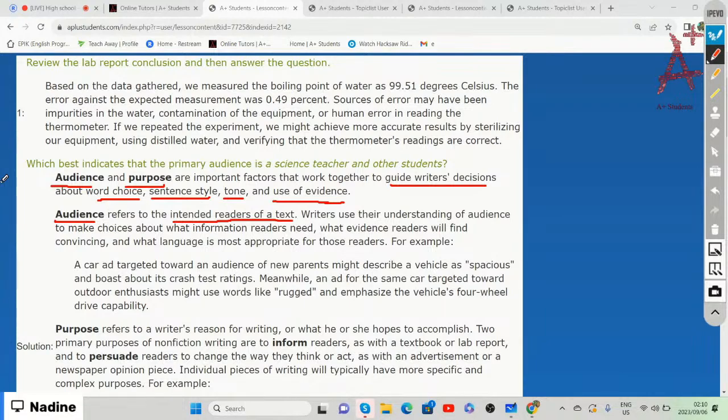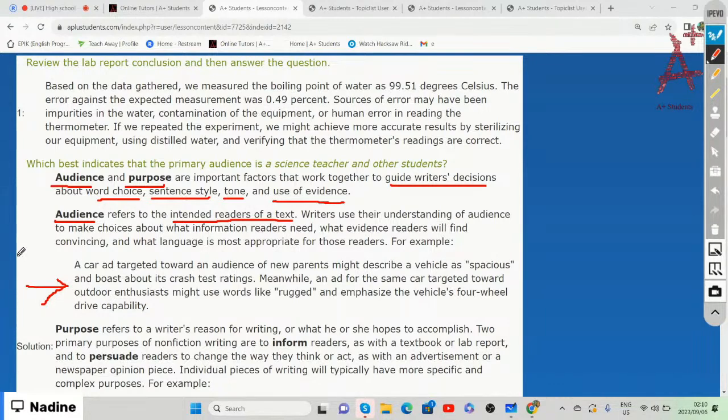An example of this is a car ad targeted towards an audience of new parents, which might describe a vehicle as spacious and boast about its crash test ratings.